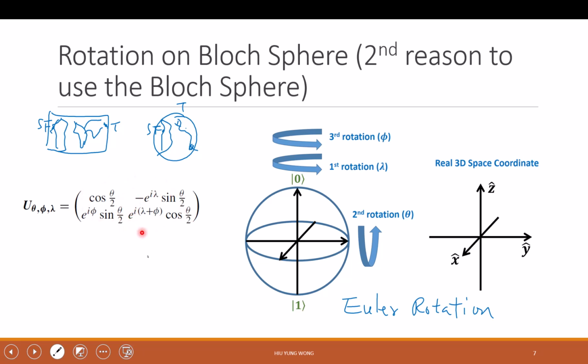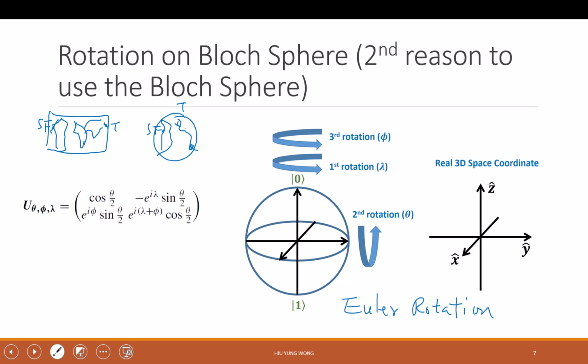This unitary gate has three parameters: theta, lambda, and phi. This corresponds to: you first rotate about the z-axis by lambda, then rotate about the y-axis by theta, then rotate about the z-axis by phi. Then it is equivalent to this unitary gate.